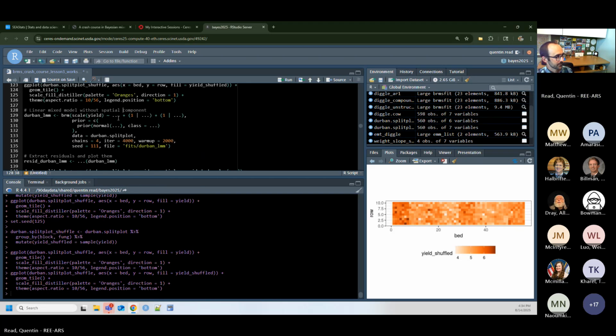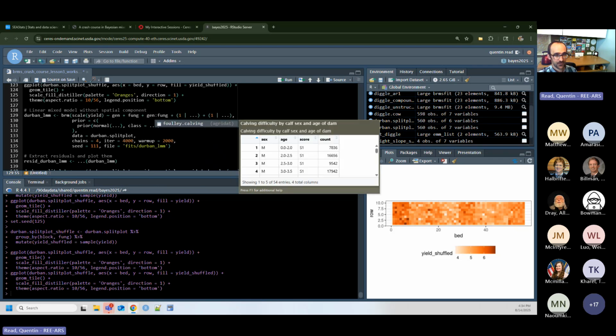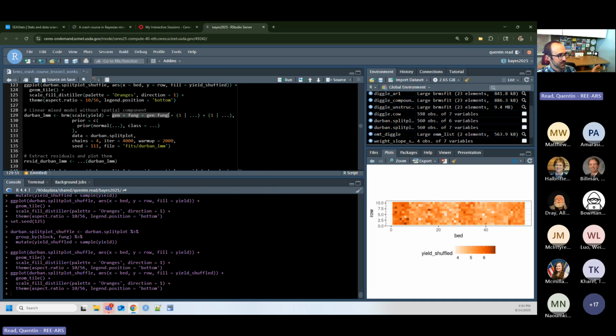Our fixed effects, right? We have genotype, GEN, plus fungicide, FUNG, plus genotype : fungicide for the interaction between genotype and fungicide. Of course, the shorthand for this would be genotype * fungicide. I've just typed it all out here, although you could use the shorthand.